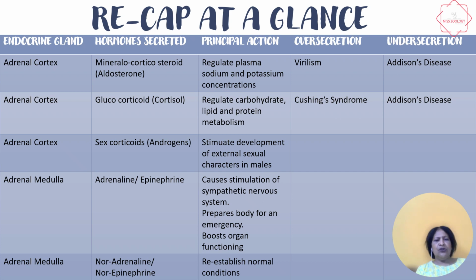The mineralocorticoids produced by the adrenal cortex regulate the plasma sodium and potassium ion concentration. If it is over-secreted, it leads to virilism. When it happens in an adult woman, she starts showing characteristics of maleness like appearance of beard, moustache, maybe a deep voice too.